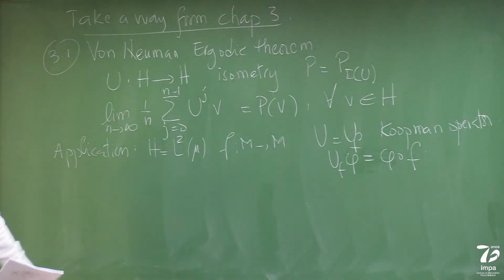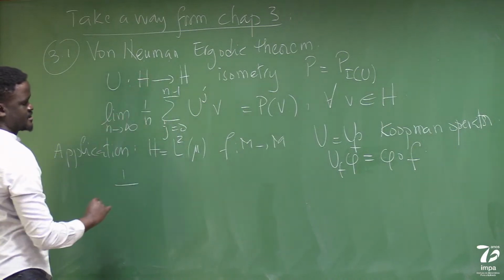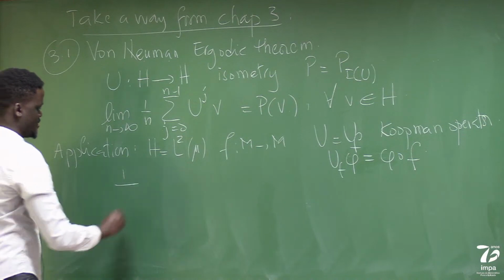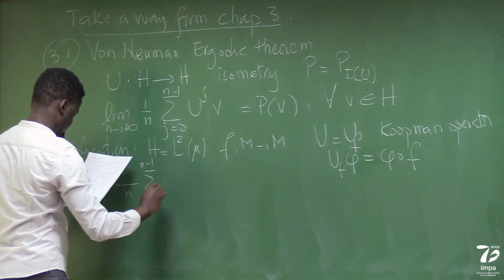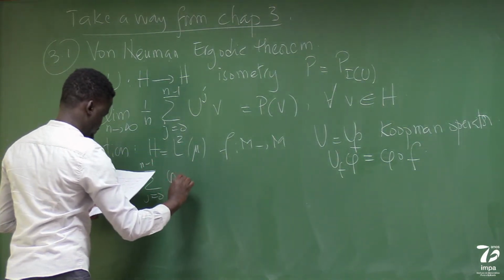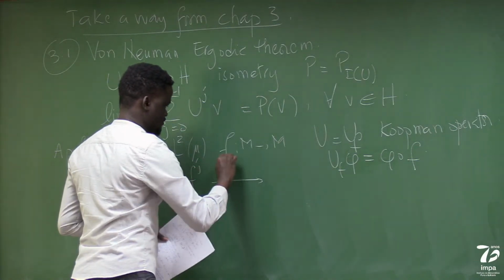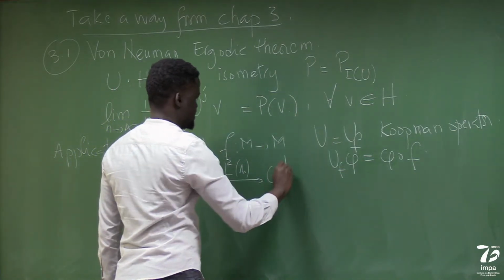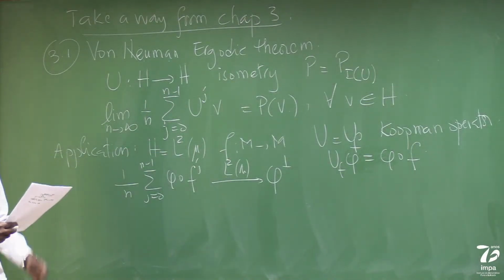So fixed points of this Koopman operator are functions invariant under the dynamics. If you apply this theorem, since this operator is an isometry on a Hilbert space, 1 over n, sum over j equals 0 to n minus 1 of phi composed with f^j, converges in L2 of mu to the projection to the set of invariant functions.